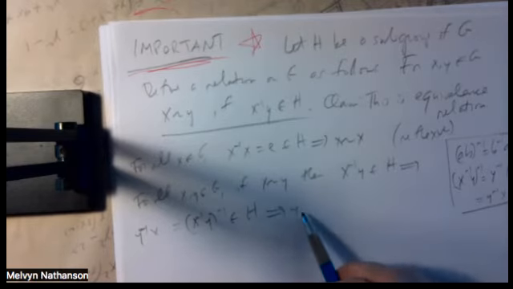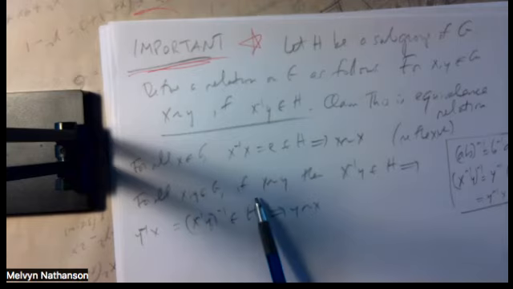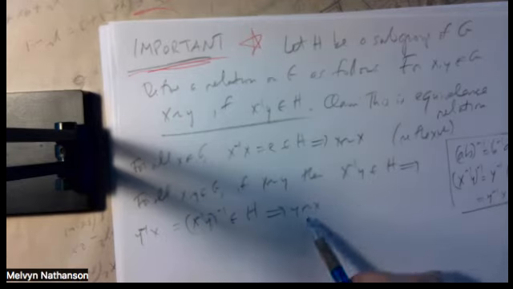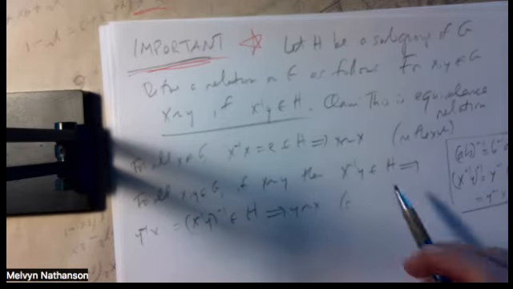So the inverse of x inverse y is y inverse x inverse inverse. But the inverse of x inverse is x. So y inverse x is in H. So y is related to x. So if x is related to y, y is related to x. So that means this relation is symmetric.